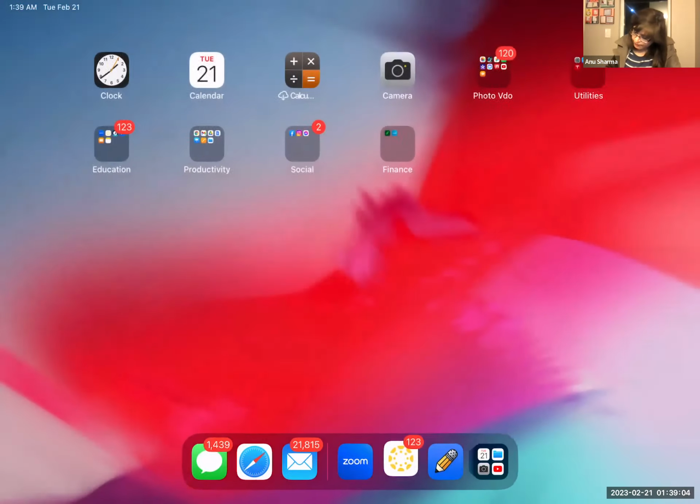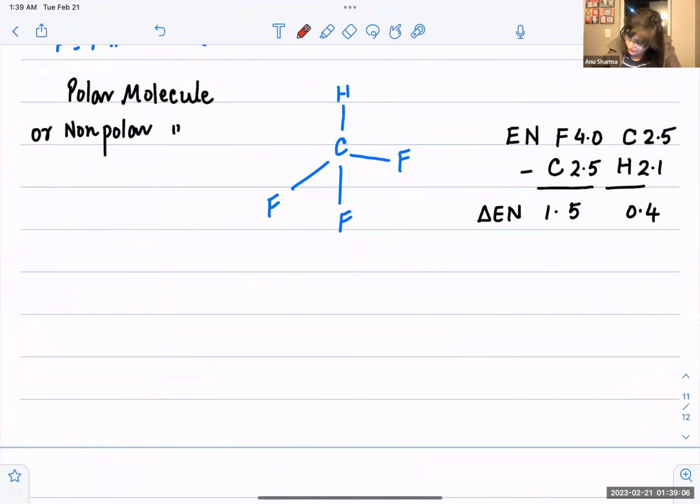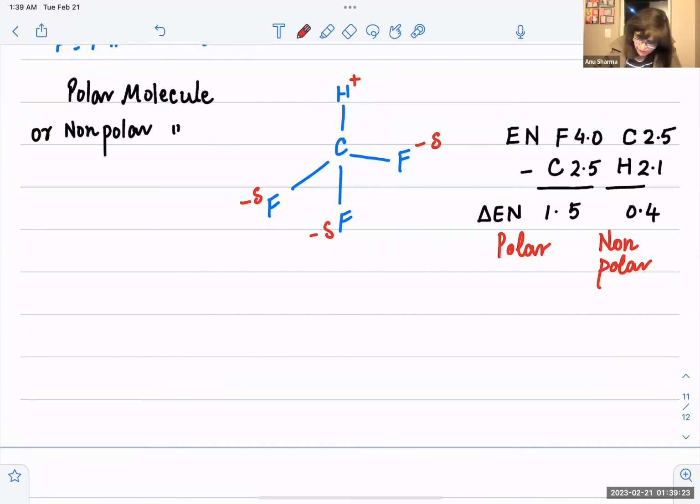So now let's look at this here. So this becomes polar. And this, because it's at the border, it's non-polar. Okay, not as polar as this. So fluorines, delta negative, delta negative, delta negative, and hydrogen is delta positive. Carbon is kind of in between.